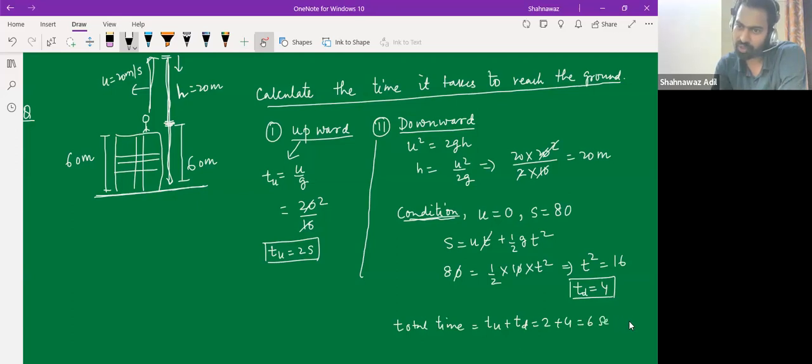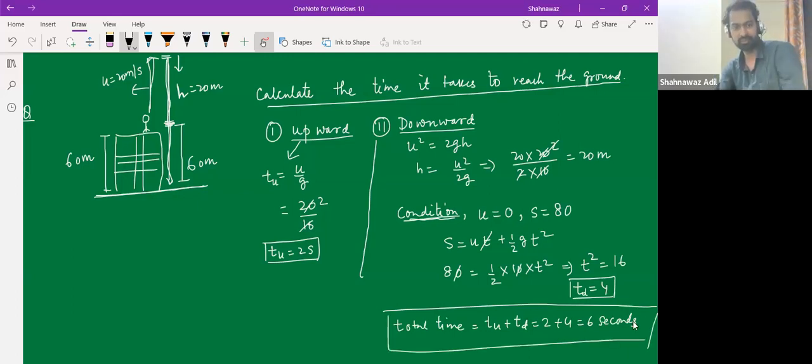Did you guys understand this question? If you have any doubt, you can ask. The only twist was that we were standing on some height, so this was the only complication.